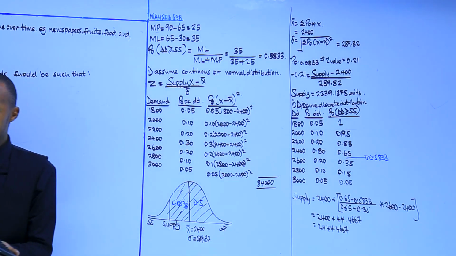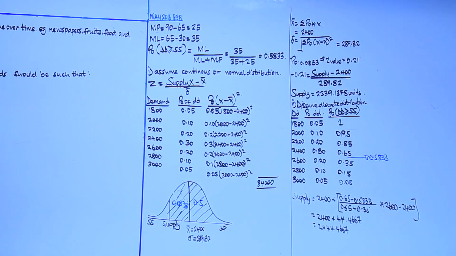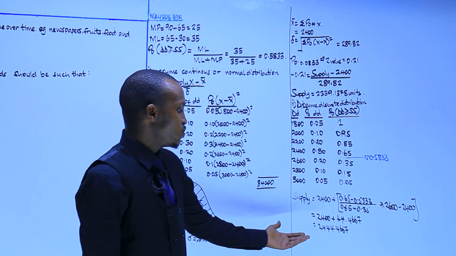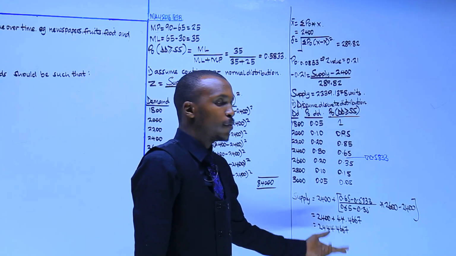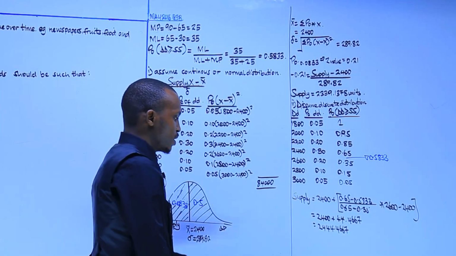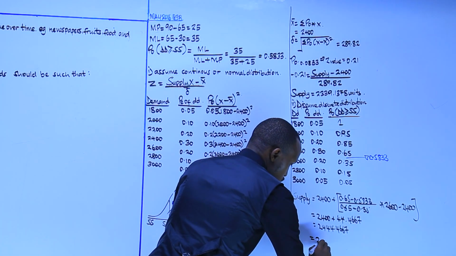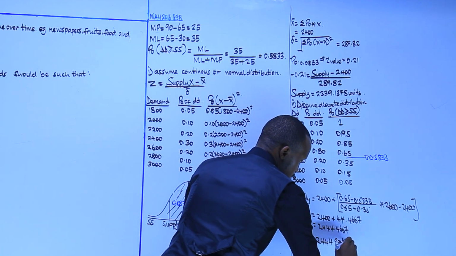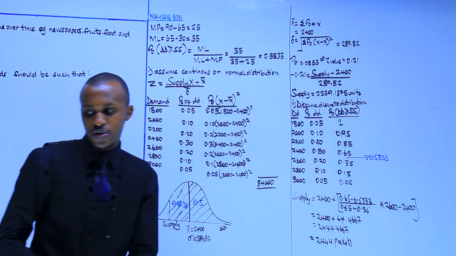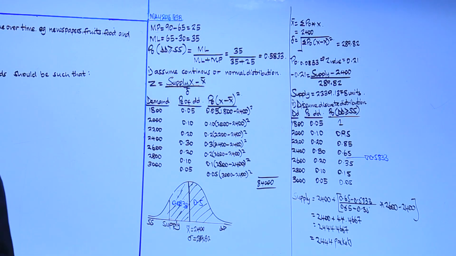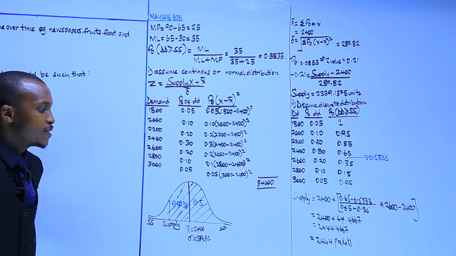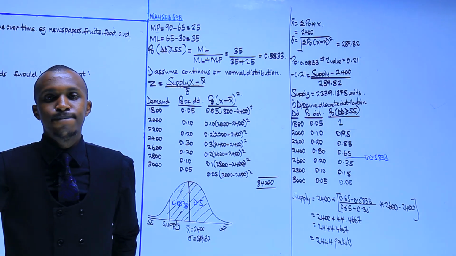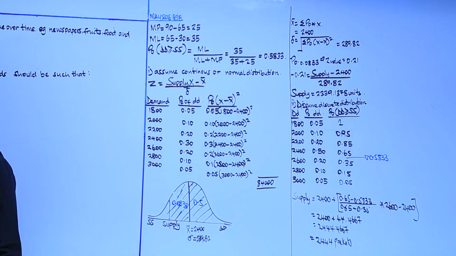So for that company to maximize long-term profitability, they will need to supply how many? 2444.467, which we can simply round off as 2444 packets of what? Sausages. That is what the vendor should supply, so that they maximize on what? Long-term profitability.